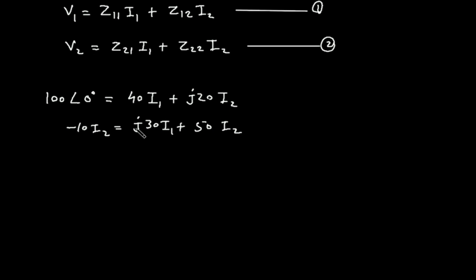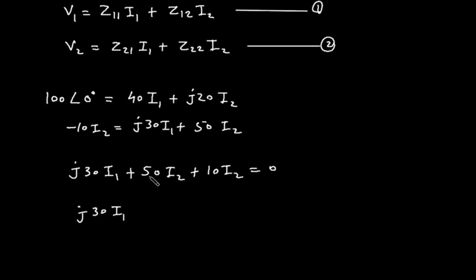Now, we will simplify this. If we take this minus 10 I2 on the right side, this will be j30 I1 as it is, then plus 50 I2 as it is, then plus 10 I2 is equal to 0. Now, if we simplify this, j30 I1 as it is, then 50 plus 10, 60 I2 is equal to 0.